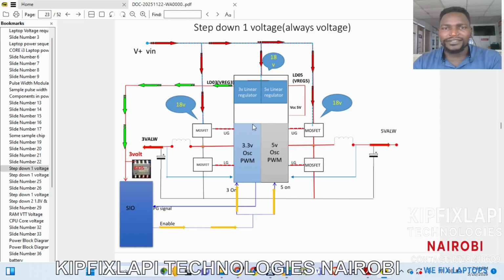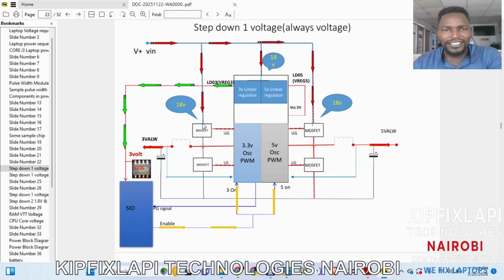Within this IC, we have a section responsible for generating the 3.3 voltage always, and another section responsible for generating the 5.0 voltage. The section responsible for 3.3 voltage receives the signal and switches the 3.3 from this particular side.